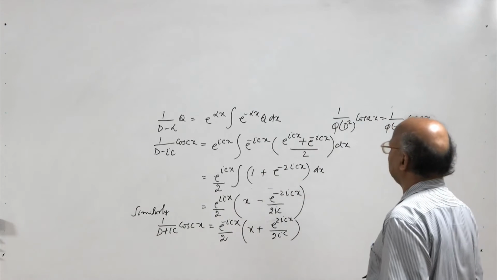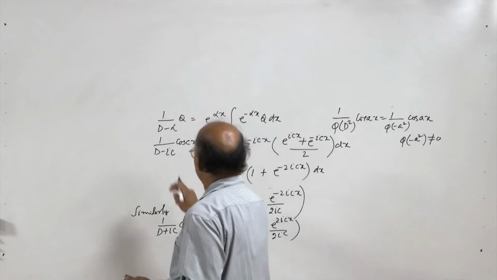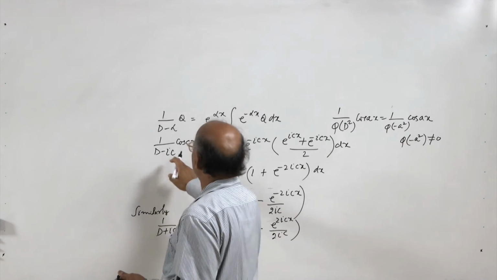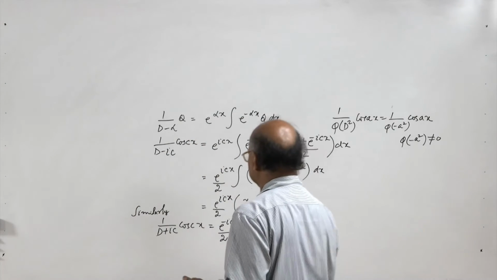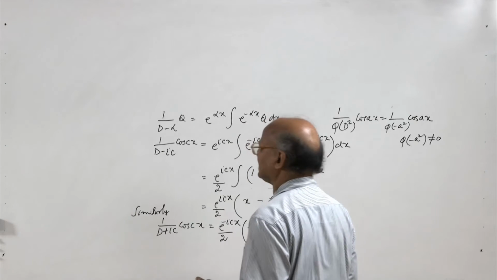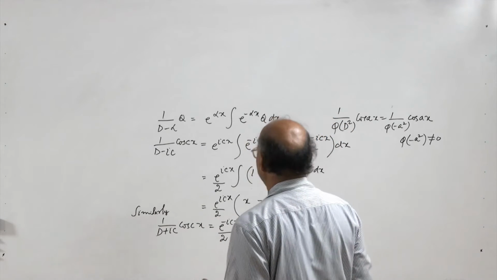We get this. Now let us subtract from the value of 1 over d minus ic cos cx the value of 1 over d plus ic cos cx and then divide by 2ic.